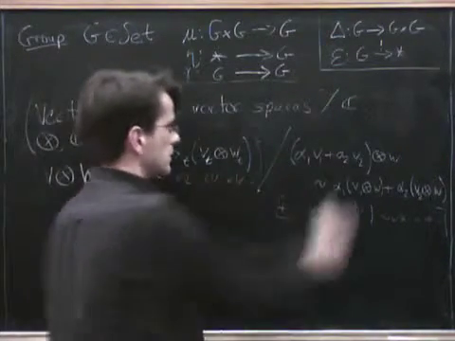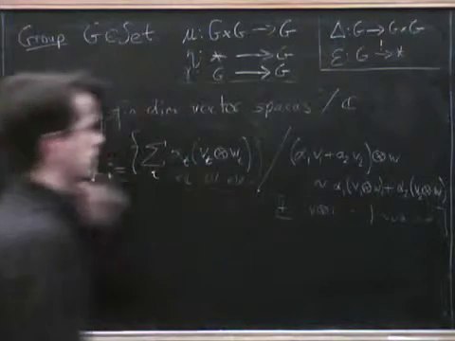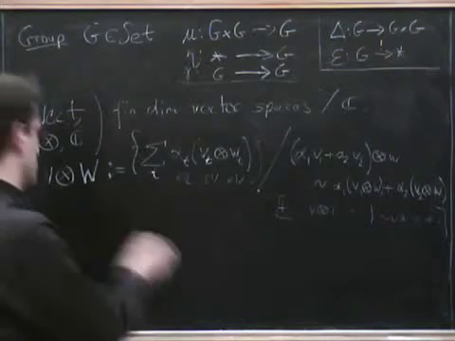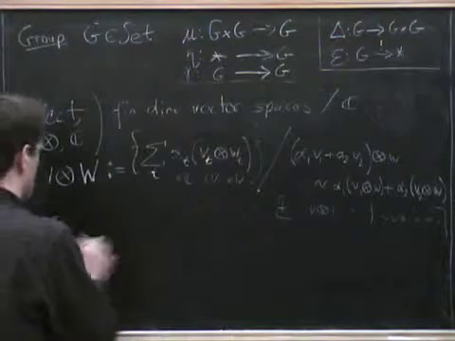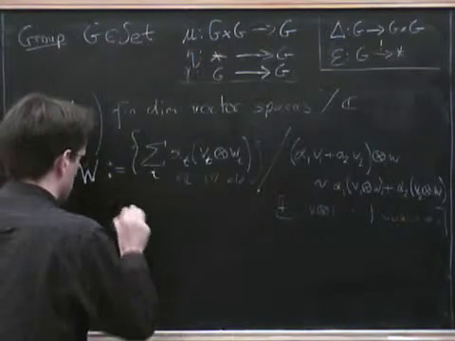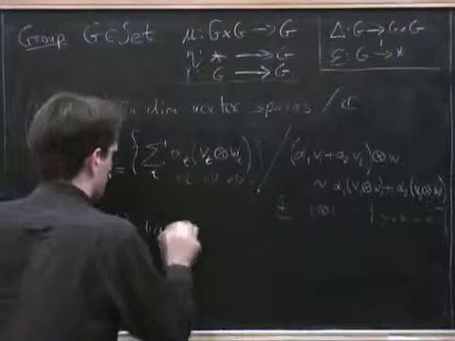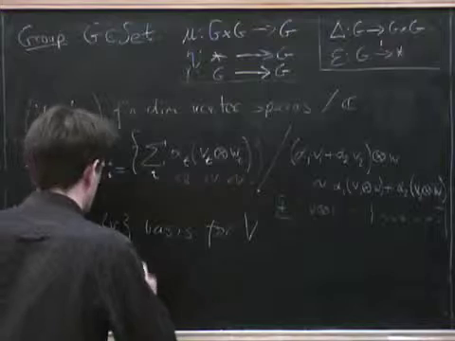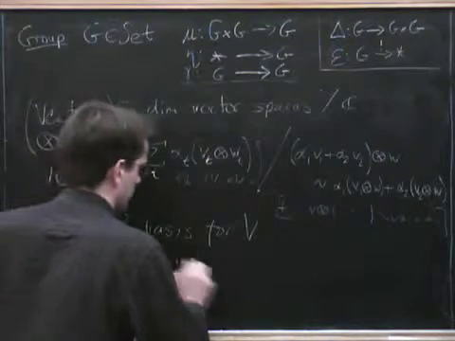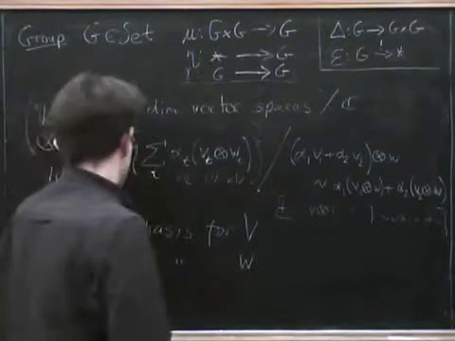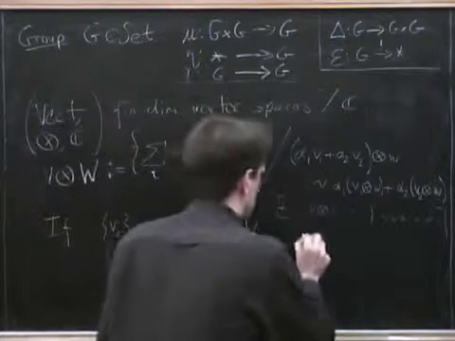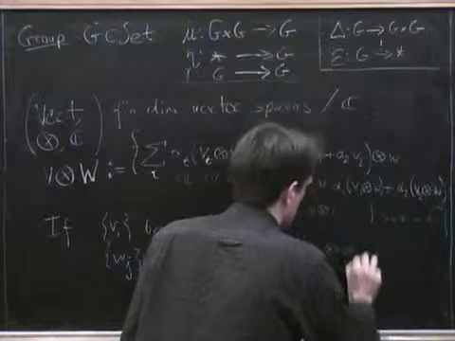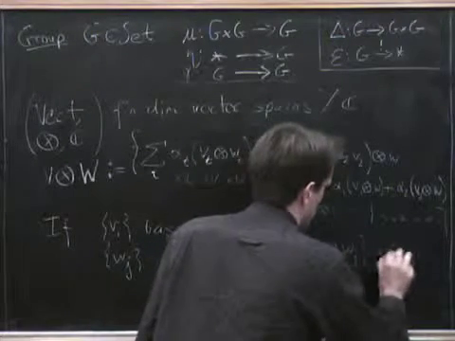So that's the definition. Now what you can kind of see very quickly is how to get a basis of V tensor W. Suppose we had a basis Vi for V, and let's say Wj is a basis for W, then Vi tensor Wj is a basis.